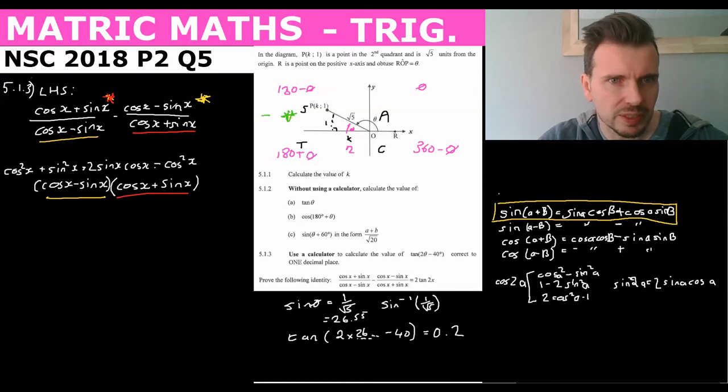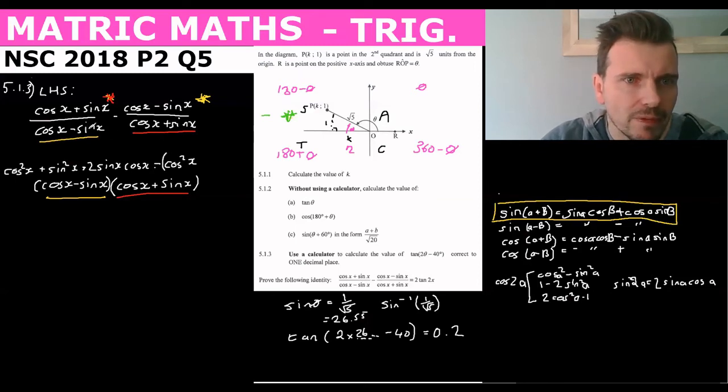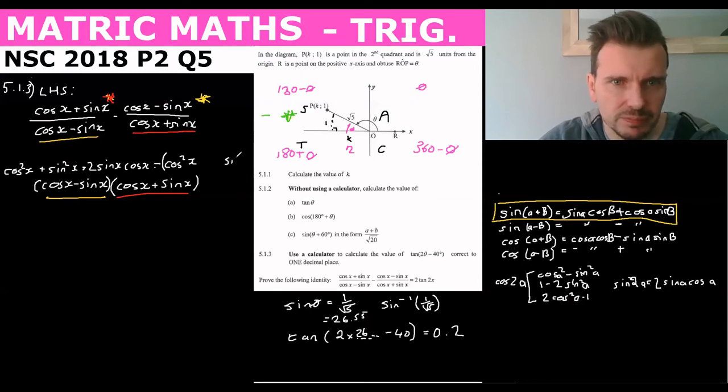Sine x times sine x will be minus, so times that, so it's minus, and then that'll be a plus sine squared x. And in the middle will be the cos x times the cos x will be minus sine x, and the sine x times the, so this will be minus 2 sine x cos x. Okay, so I'm gonna put that up there.